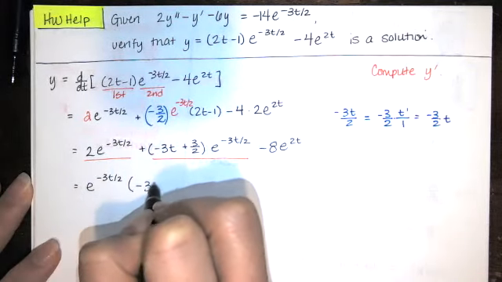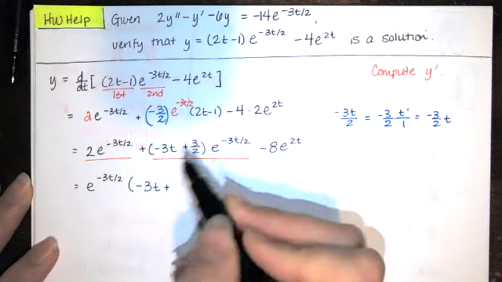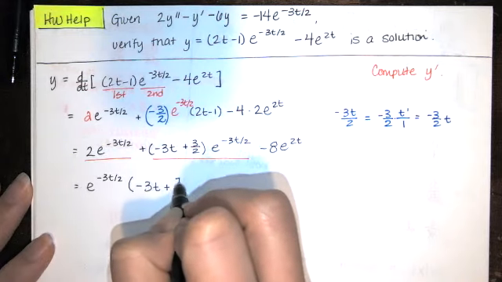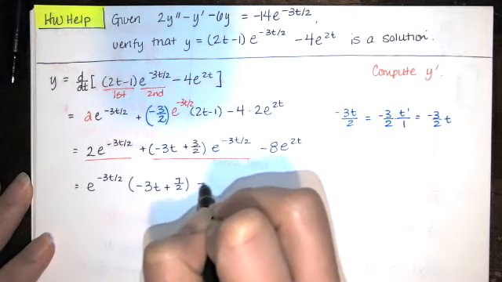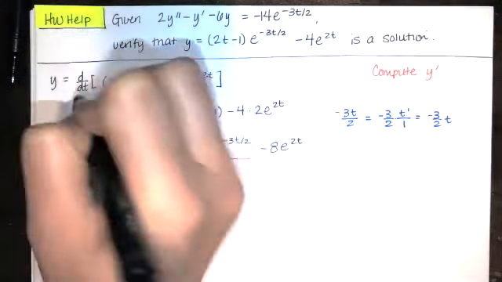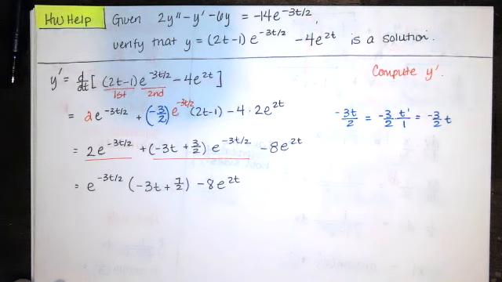And then you have -3t plus 3 over 2 plus 2, so that's 3 over 2 plus 4 over 2, which is 7 over 2. And that's what we have there. Oops, that's not y, that's the derivative of y.